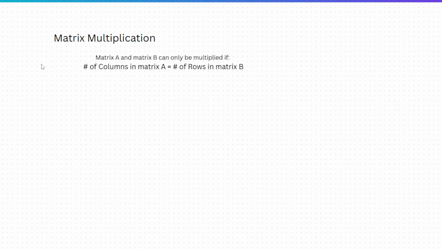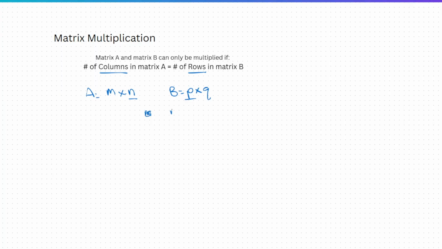So if we have two matrices, matrix A and matrix B, they can only be multiplied together if the number of columns in matrix A is equal to the number of rows in matrix B. So if we have a matrix A that has m rows by n columns, and matrix B that has p rows by q columns, we can only multiply these two matrices together if the columns of A, so n, is equal to the rows of B, so p.